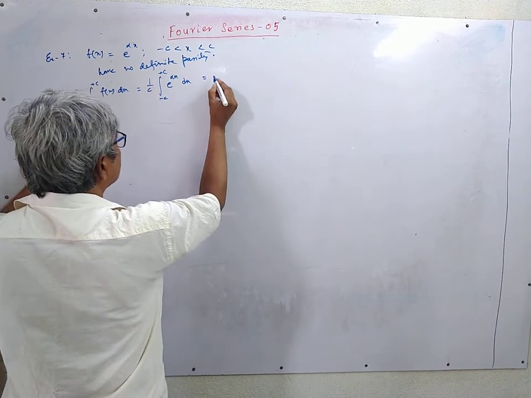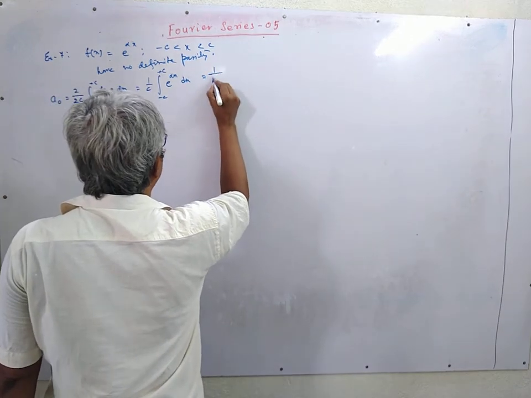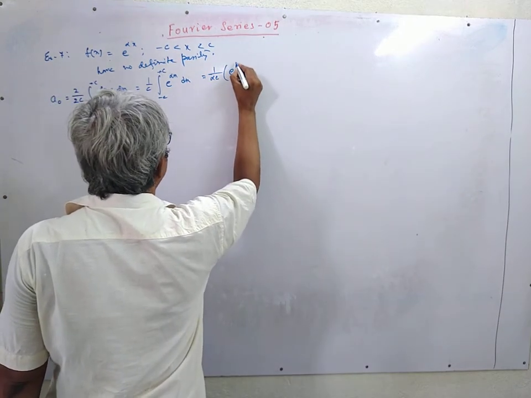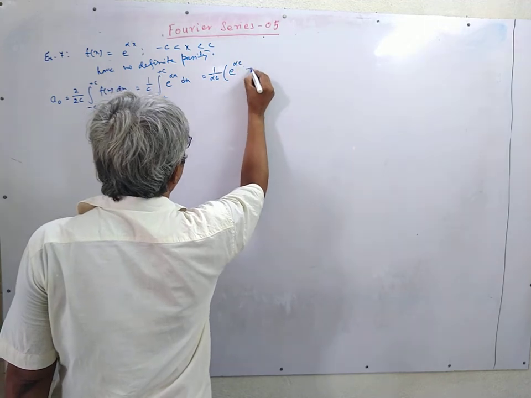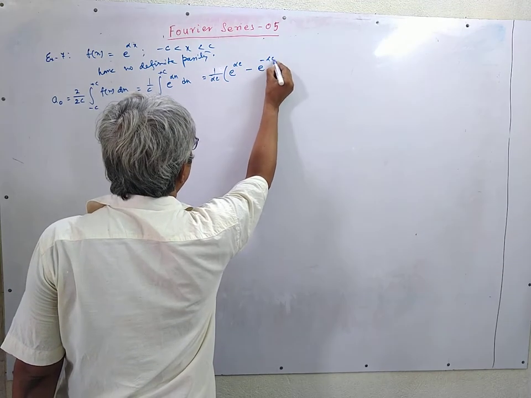So this is 1 upon alpha c, e to the power alpha c minus e to the power minus alpha c.